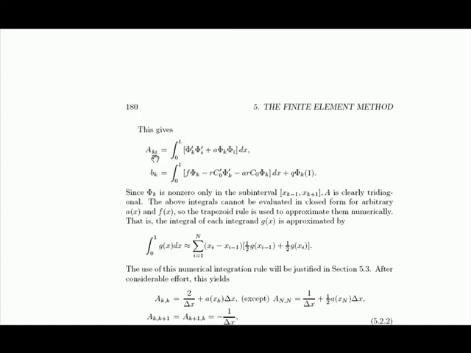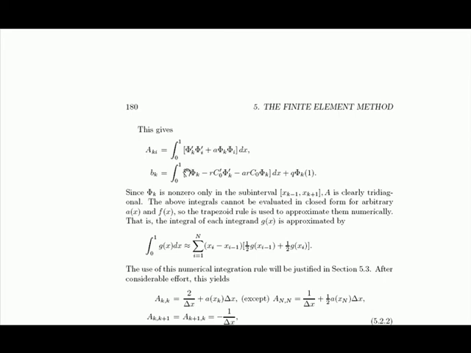Therefore, AKI will be 0 unless K and I are within 1 of each other. If I equals K, obviously this won't be 0. If I is K plus 1 or K minus 1, then it won't be 0. But if it's K plus 2 or K minus 2 or further from K, one or the other is going to be 0 at all points, so A will be sparse. In fact, as we've just seen, it'll be tridiagonal, so we actually end up with a tridiagonal matrix again.